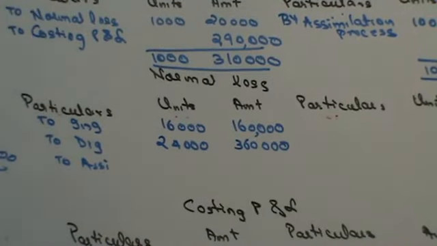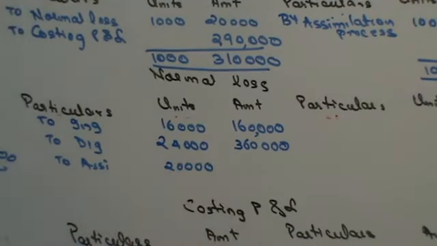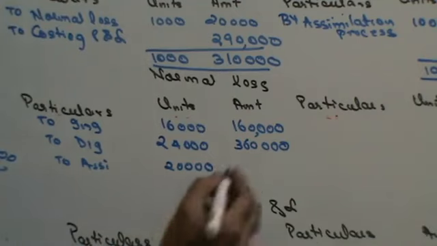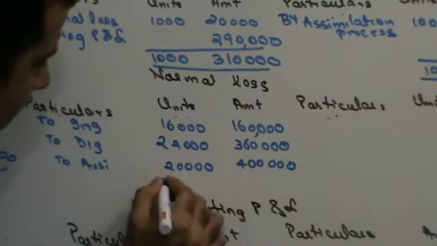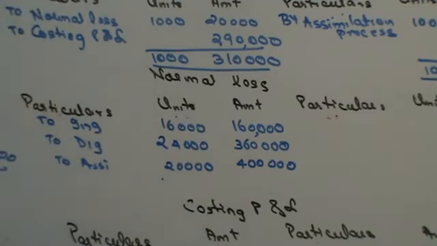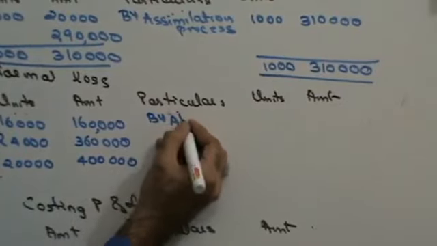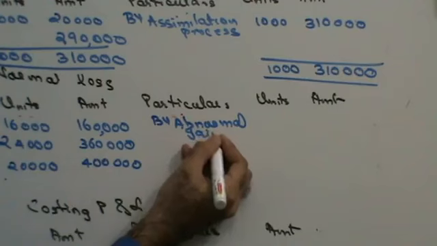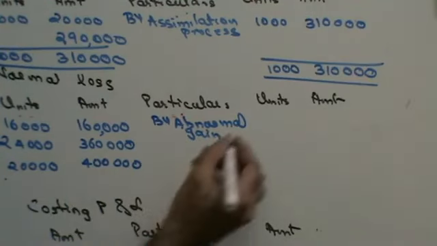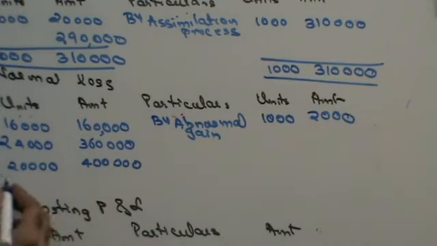And for assimilation process your normal loss is 20,000 and it is 4 lakhs. Right? And you also have a normal loss here. This is by abnormal gain. Abnormal gain, you have normal loss of 1000 units and 20,000.